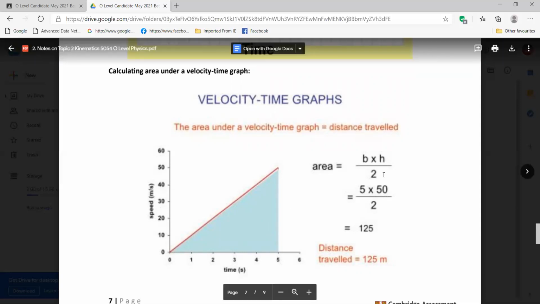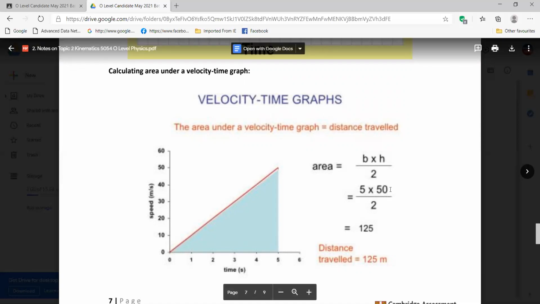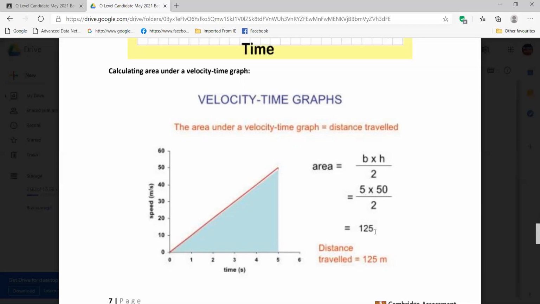So the formula is half into base into height. Your base is 5 seconds, and the height is 50 meter per second. If you calculate, it will come 125 meter. That is distance traveled. Clear to you?